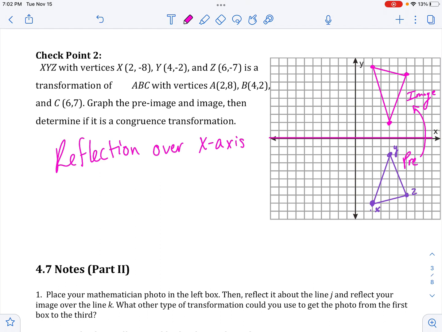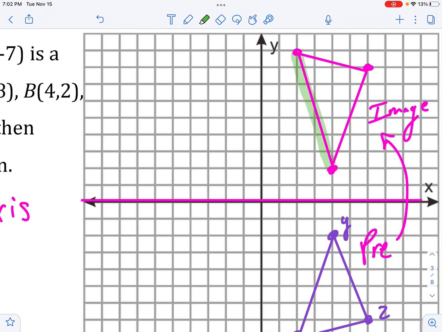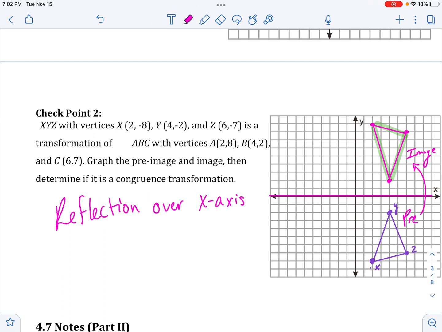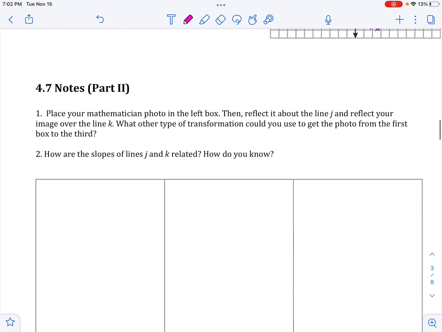And if I wanted to prove that those are really congruent, I could use my distance formula to find all 3 sides for my image and all 3 sides for my pre-image, and they should be congruent. All my corresponding parts could be congruent, so I could show by side, side, side that those triangles really are congruent.